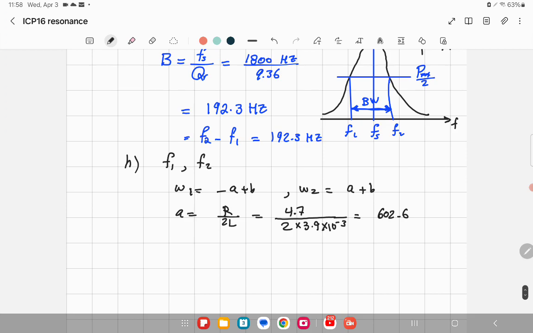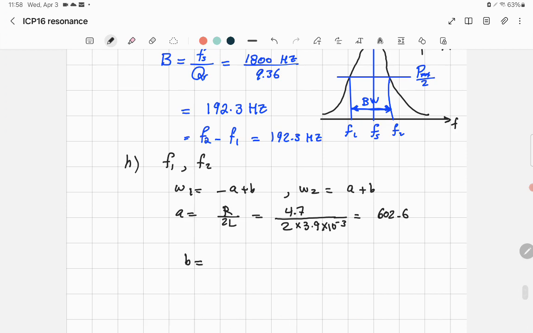What's B? Let me just first find B square. It's easy to remember: B square is equal to A square plus 1 over LC. So A square, you got A, 602.6 square, plus 1 over LC.